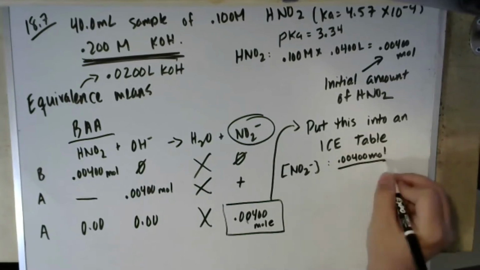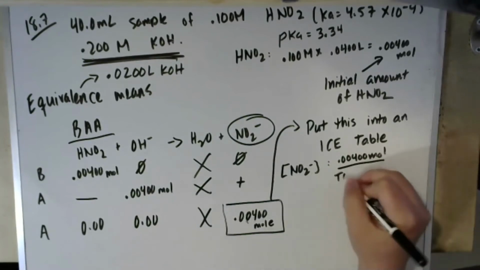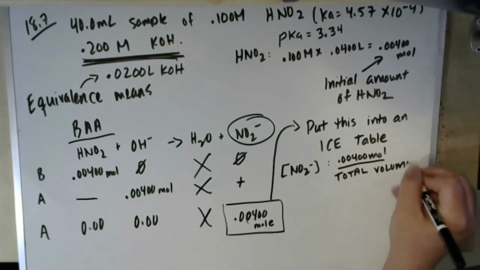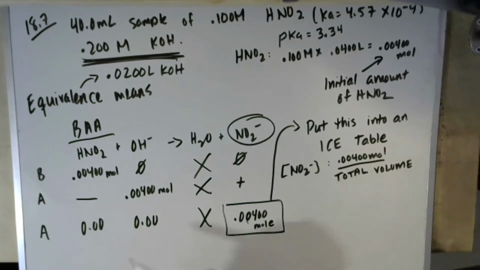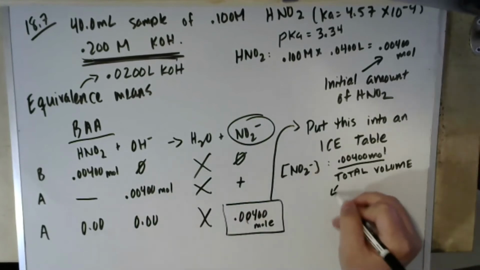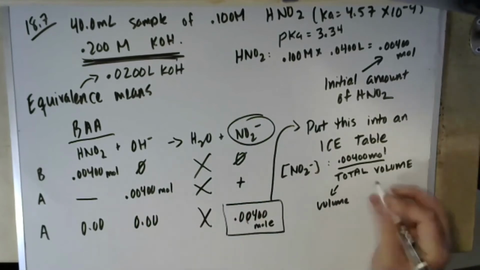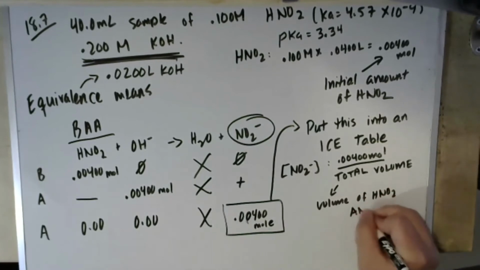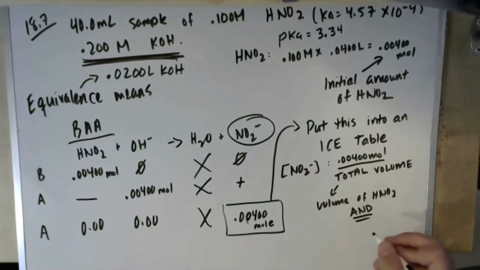and we have to divide it by the total volume. I'm going to just write that here so we remember that this is going to be the total volume. So that's the volume of the HNO2 and the volume of the KOH.